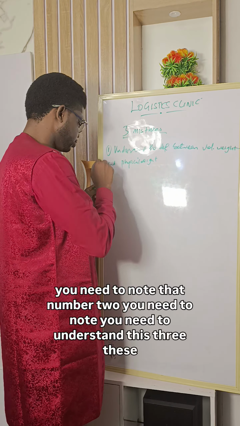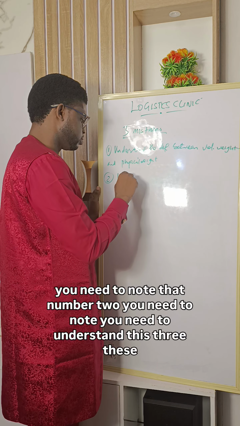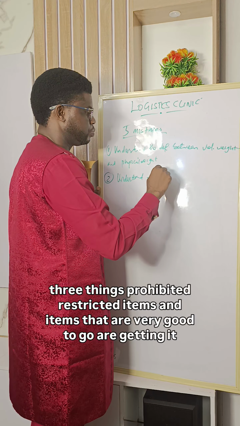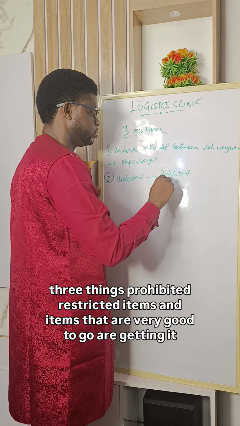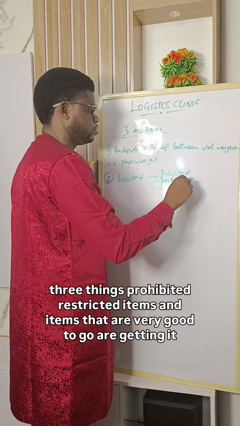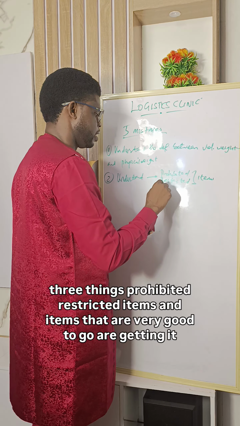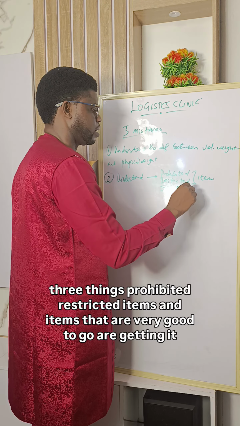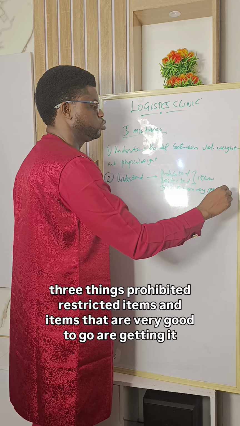Number two, you need to understand these three things: prohibited items, restricted items, and items that are very good to go.